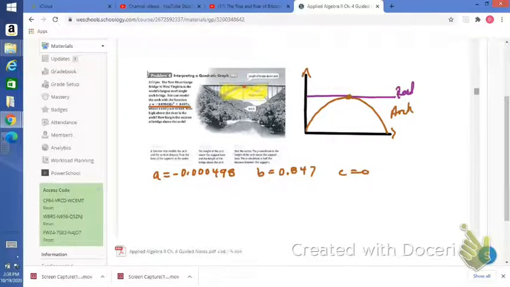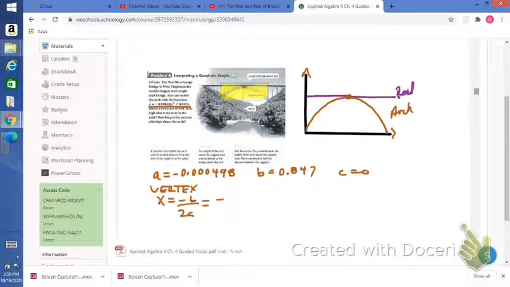To find the vertex, what do we have to do? We have to write x equaling, so vertex x equals negative b over 2a.